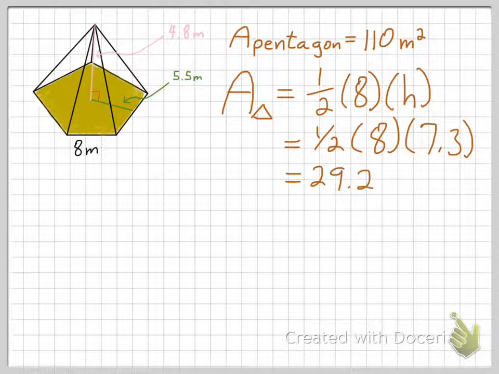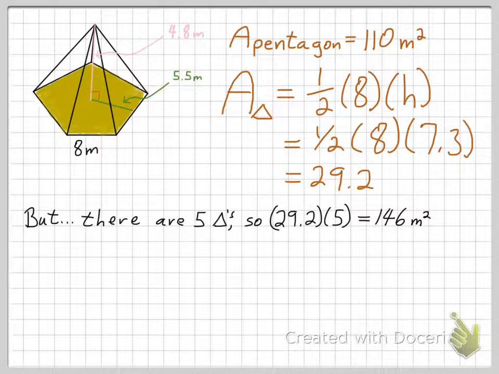And then that's 29.2. So the area of one triangle, for example, that triangle, is 29.2 square meters. But there are 5 triangles. So 29.2 times 5 is 146 square meters.